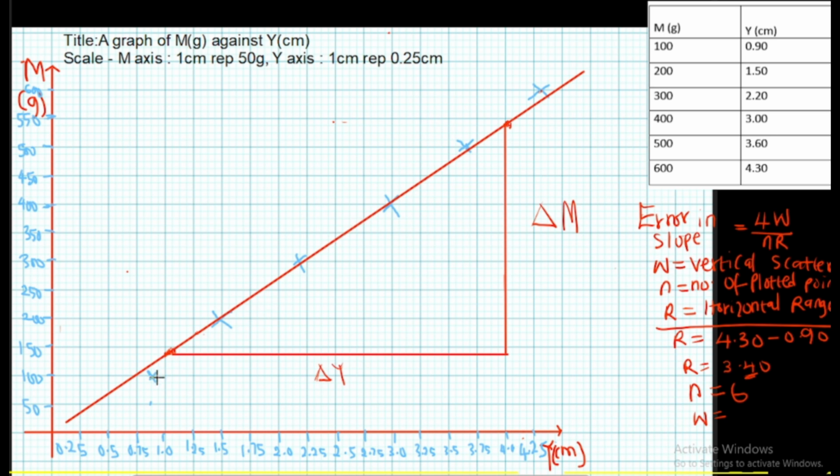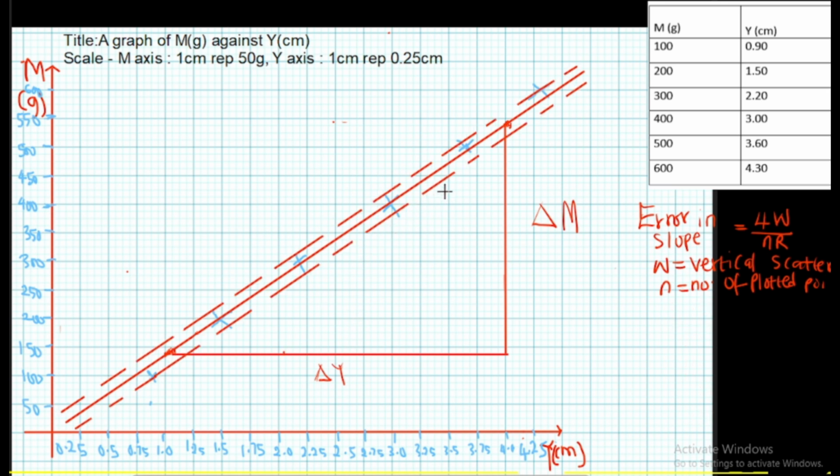Now, what do we do to the point below the line of best fit? The same thing. You draw a straight parallel line through the point below the line of best fit. So now let's do that quickly.